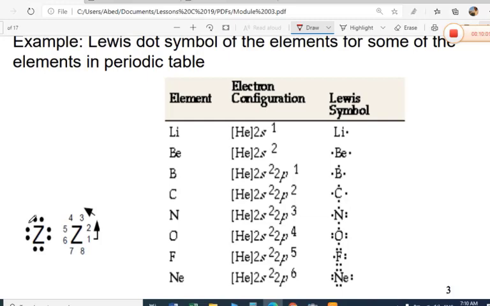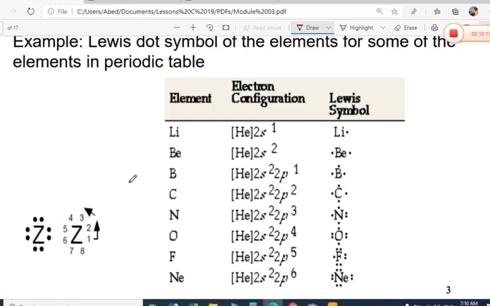It is not compulsory to write in this fashion. In this way you can change the methods. Like this, carbon has 1 electron on each side, boron has 3 dots here like this, and these are the counts to show how many electrons there are.